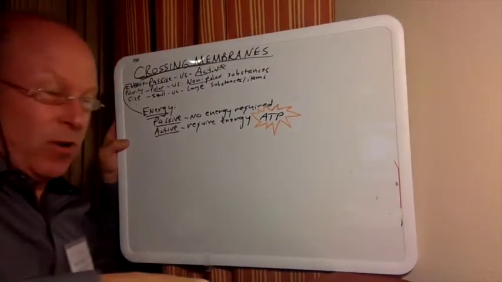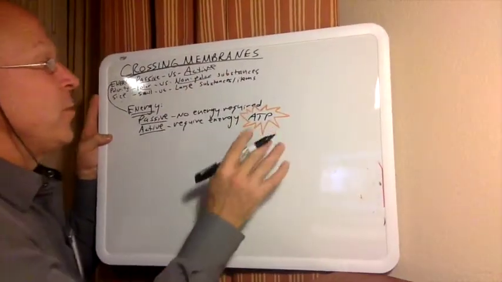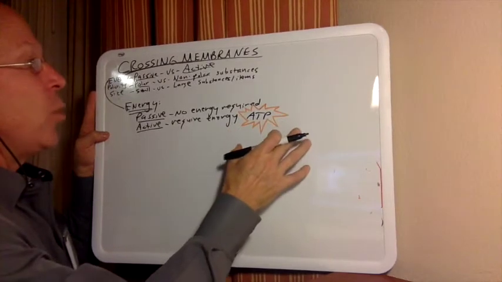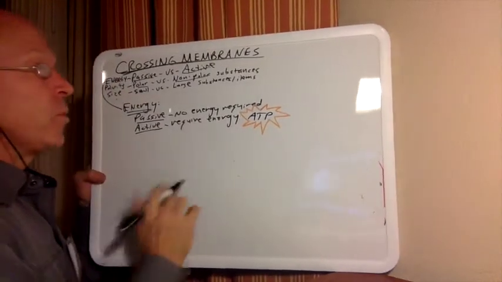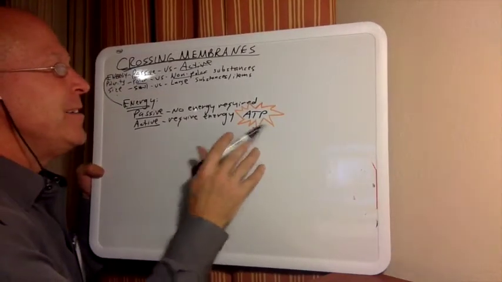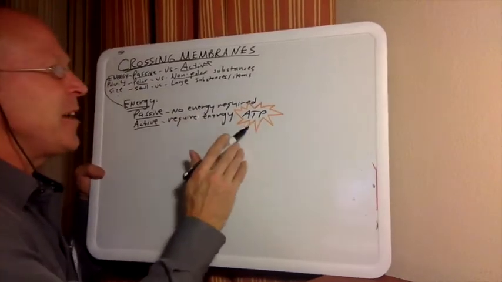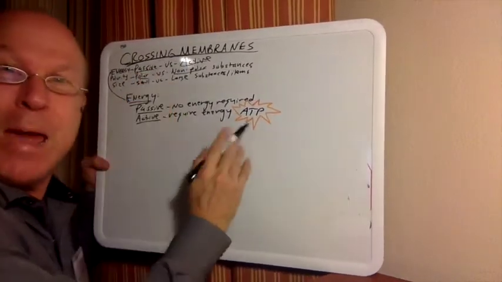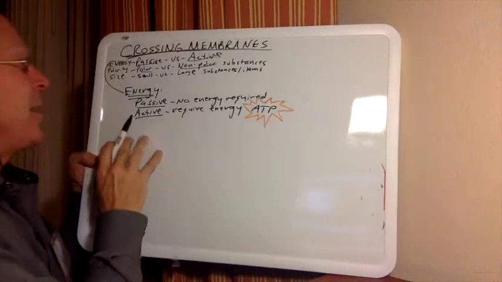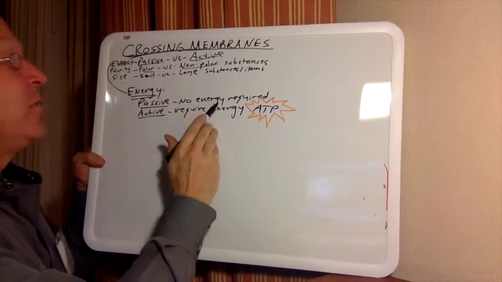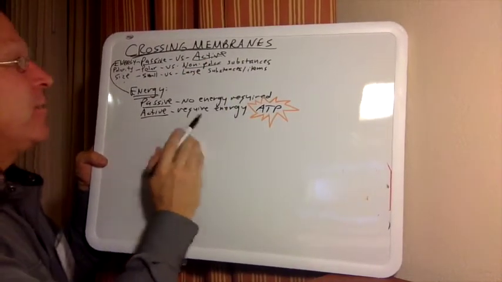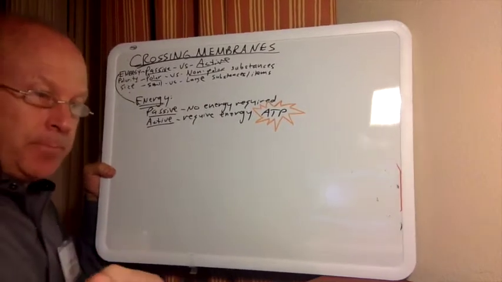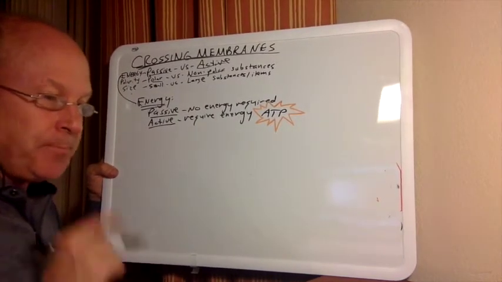Comic book POW for cellular energy right there. So ATP is what it's going to require. We're going to spend a nice set of lectures talking about how ATP is made in cells. But right now, passive, no energy, no ATP required. Active, energy is required. All right, so we'll see how that works in a minute.